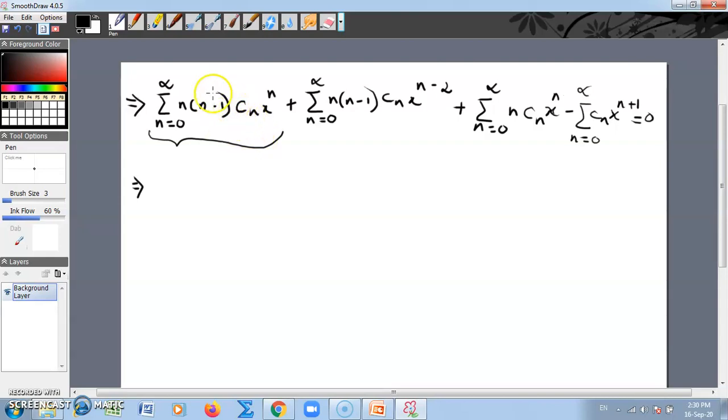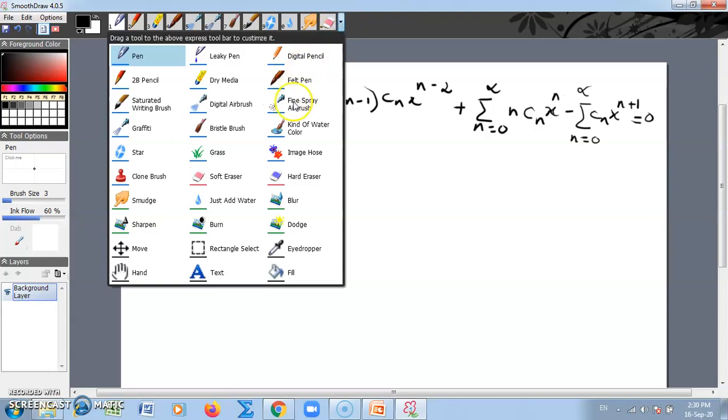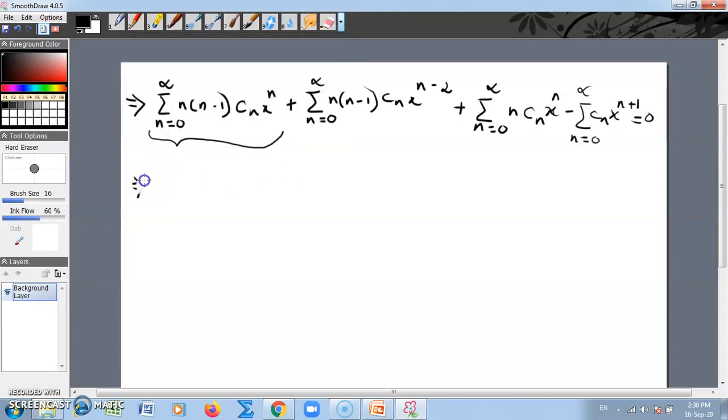So what I'll do is look at these expressions one by one, so that you don't have a problem here. We'll look at this one first. When I put n is equal to 0, it becomes just 0. Then I put n is equal to 1.